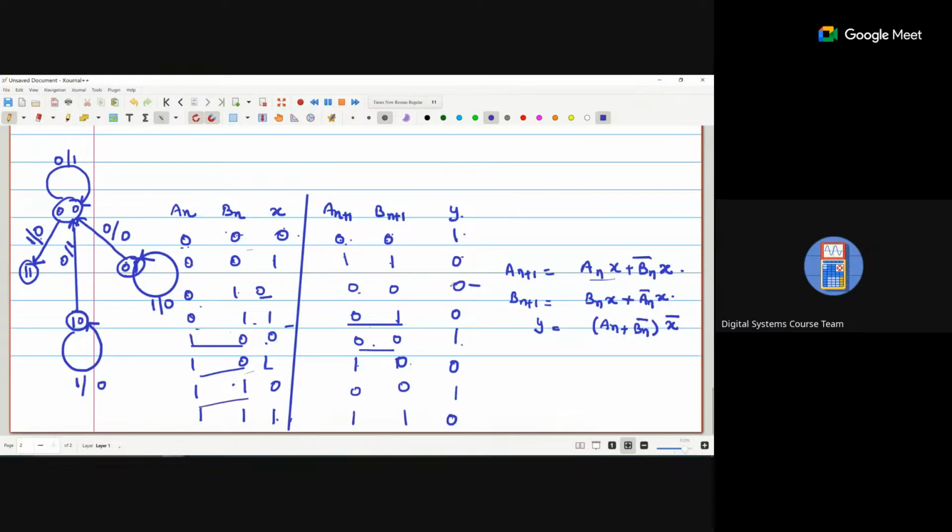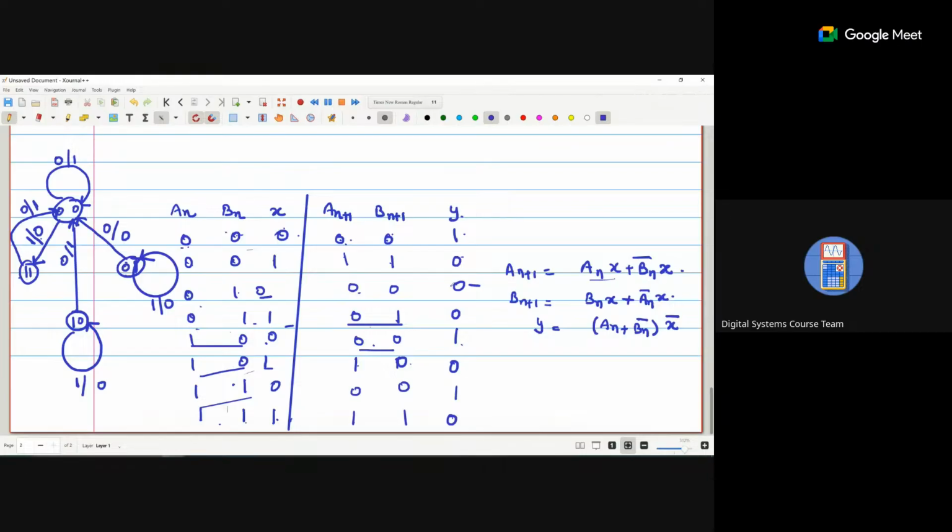Now 1 1. If I apply a 0 input, I am getting a 1 output.